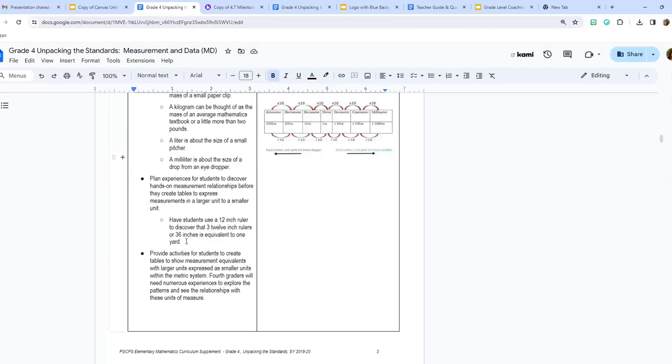So again, they are uncovering this rule before we're even saying, hey, 36 inches is 1 yard. We're giving them the opportunity to literally lay down 3 12-inch rulers to see what that is equivalent to, that yardstick. You don't have a yardstick, you can build it.